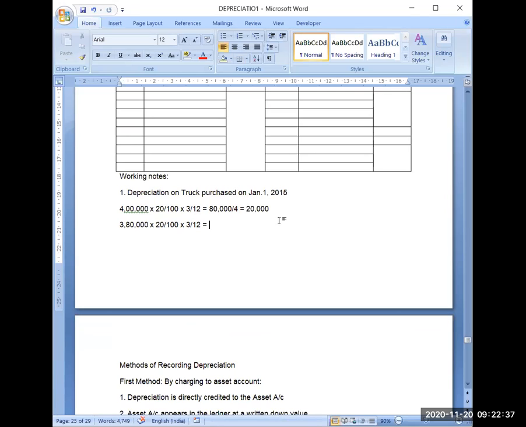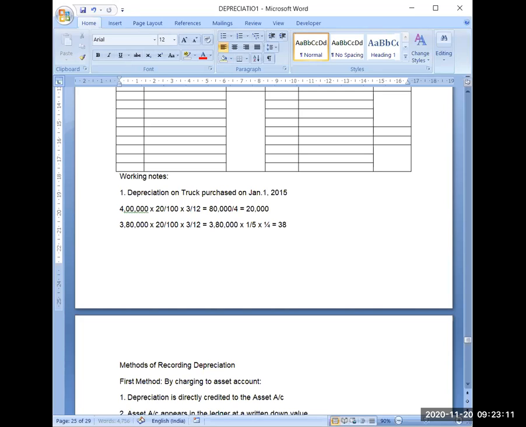So now it will be 3,80,000 multiplied by 1 upon 5 multiplied by 1 upon 4. So we will simplify it.